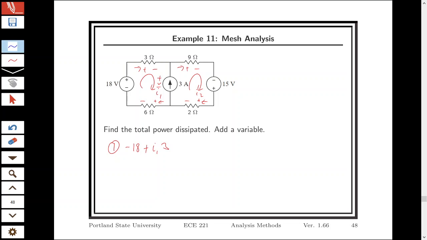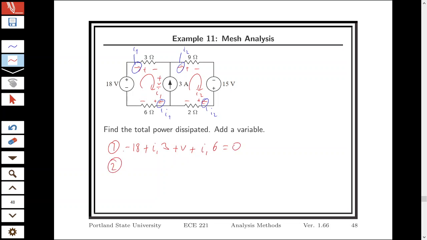So this current is I1, this current is I2, this current is I2, this current is I1. So plus V plus I1 times 6 equals 0.